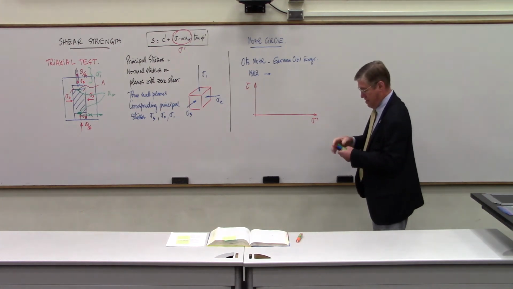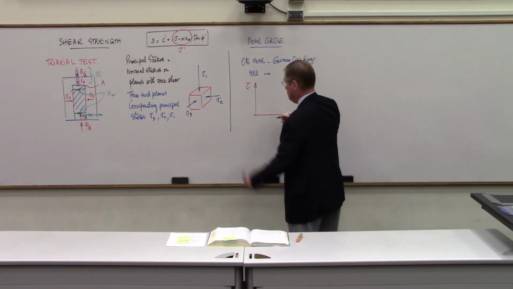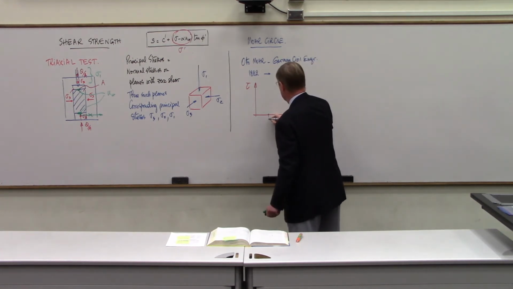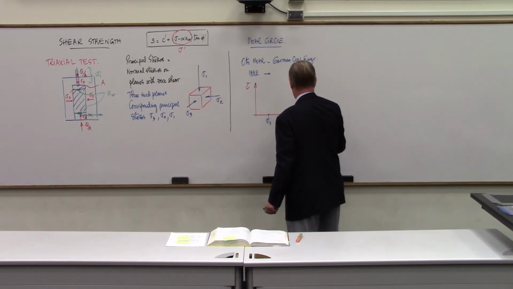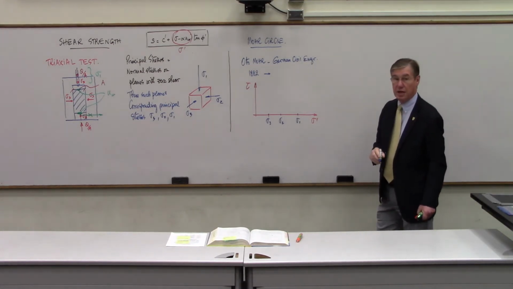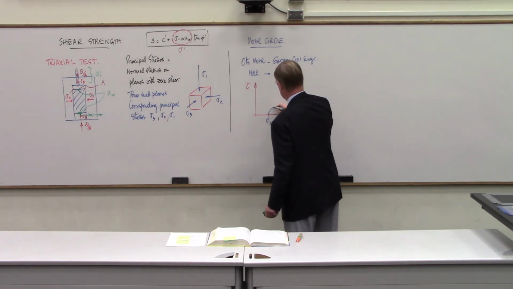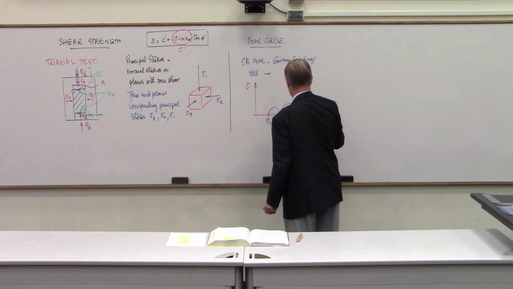Then we have three principal stresses: sigma 3, sigma 2, and sigma 1. And so we really have three more circles. There's one right here, there's one right here, and then there's one right here.